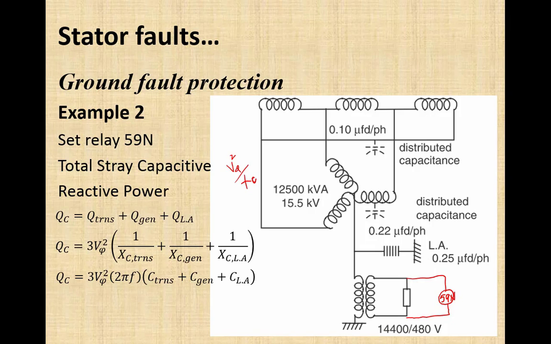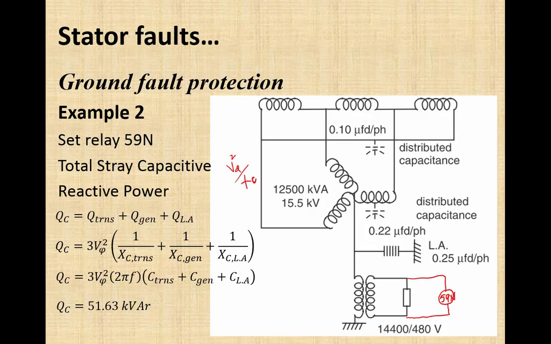If we substitute the values of these capacitances from the diagram given, C transformer is 0.1 microfarad, C generator is 0.22 microfarad and C lightning arrestor is 0.25 microfarad, the total reactive power loss in stray capacitances was 51.63 kVAR, kilovolt ampere reactive.